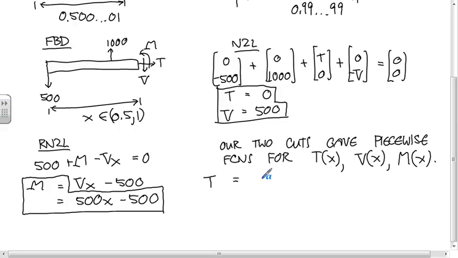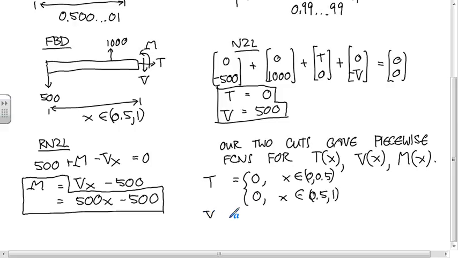T is equal to, you can think of it as equal to 0 for x between 0 and 0.5. And it's also equal to 0 for x between 0.5 and 1.